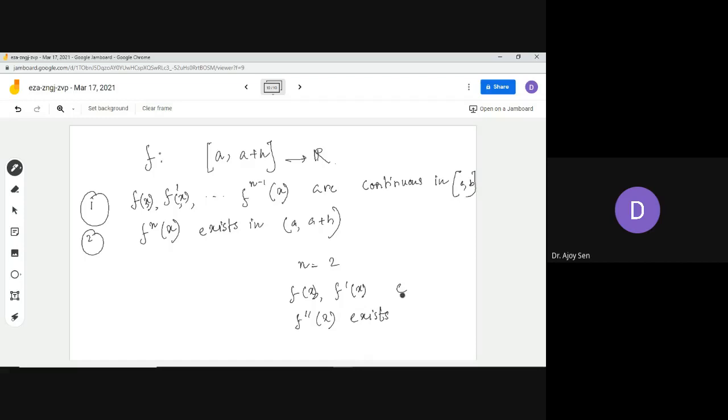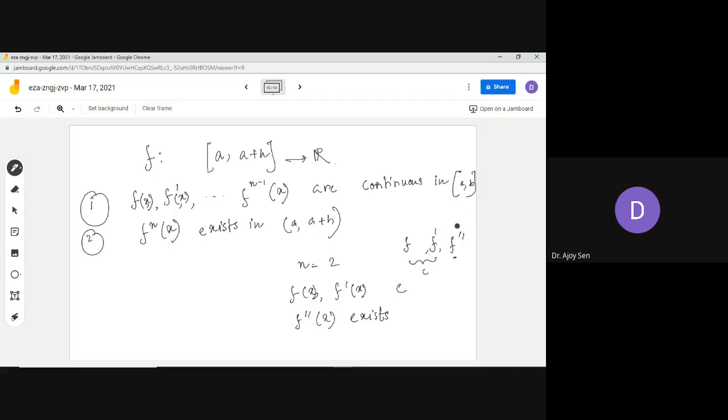You just need the continuity of, actually you have a function, from the function you can calculate f dash, f double dash. Now you need to have continuity of these two things, and derivability of this. This last part tells you that this f double dash exists.